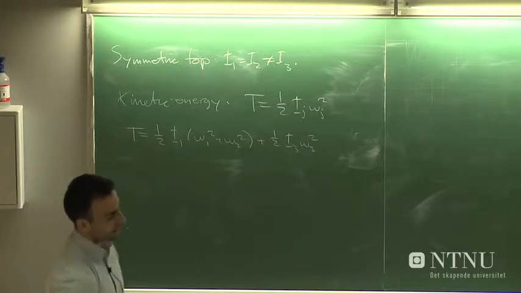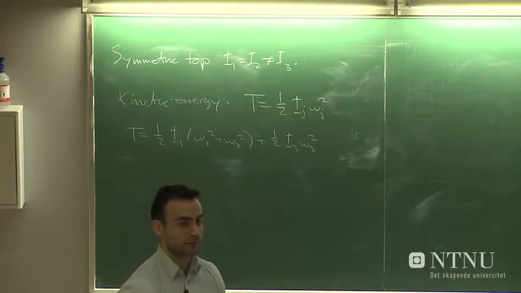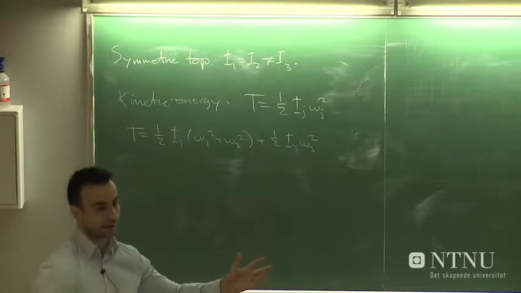And this is also something that we have considered previously, namely expressing the angular velocity vector omega in the rotating coordinate system through these Euler angles.